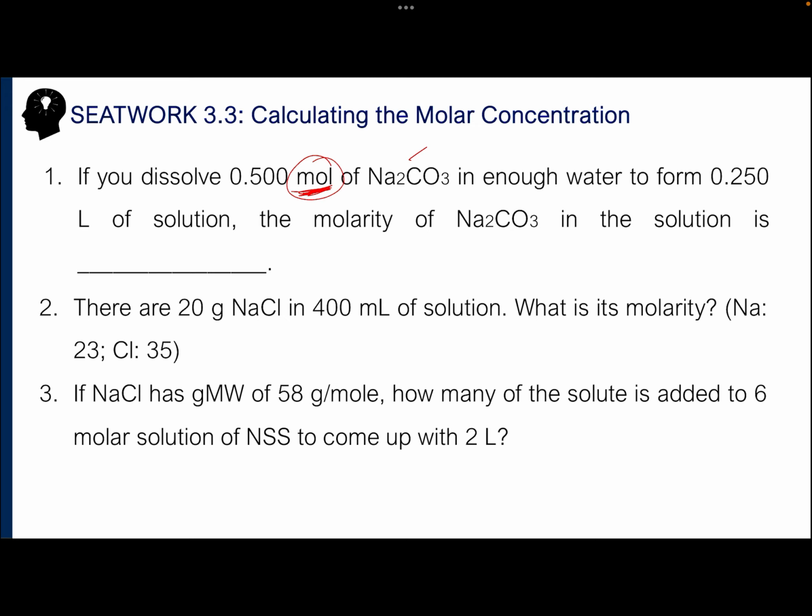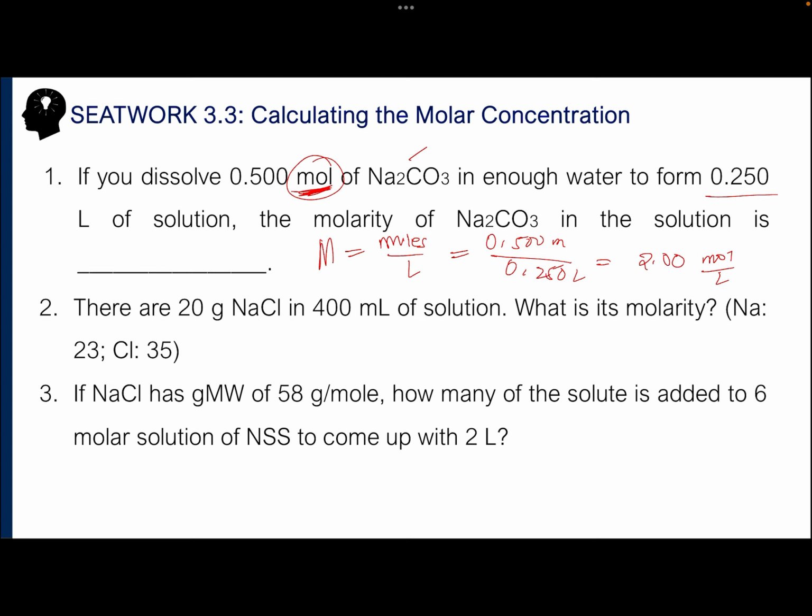So for those problem nga mole na siya daan, then we will use the formula molarity is equals mole divide liter. Okay, substitute. So we have 0.500 mole divide kani 0.250 liters equals 2.00 mole per liter.